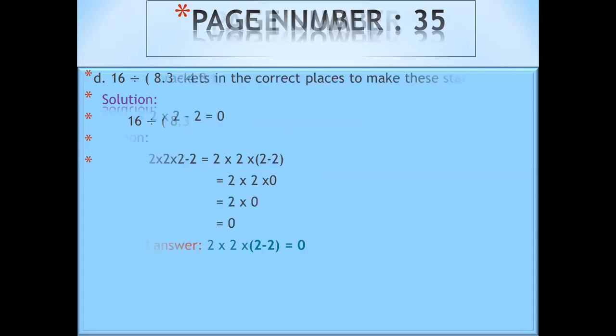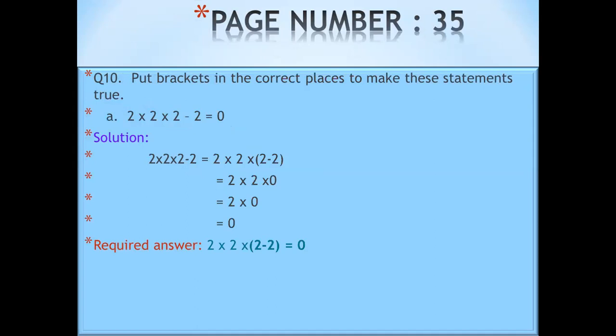Now in question 10, you only put the brackets, and you see the answer. The answer is already given to you. 2 multiplied by 2 multiplied by 2 minus 2 is equal to 0. You only choose which two terms we enclose within the brackets. The answers are already given.